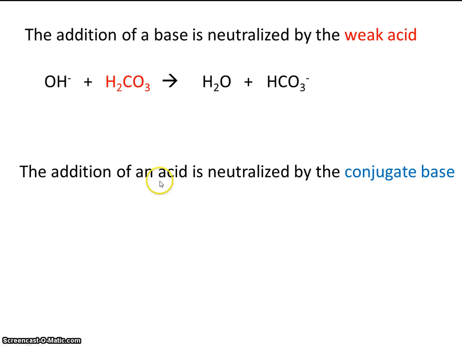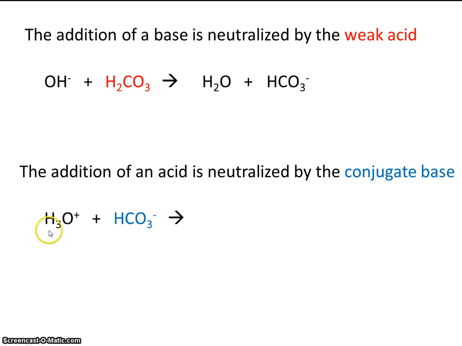Similarly, the addition of an acid is neutralized by the conjugate base. So here's our conjugate base, which would be made from adding the salt of the conjugate base. So in order to make this buffer, once again, we would have added the weak acid and the salt of its conjugate base. And the salt of the conjugate base would split up into just the conjugate base.